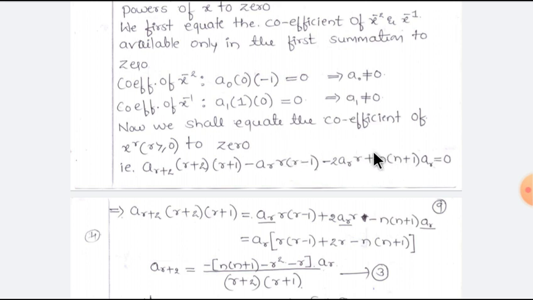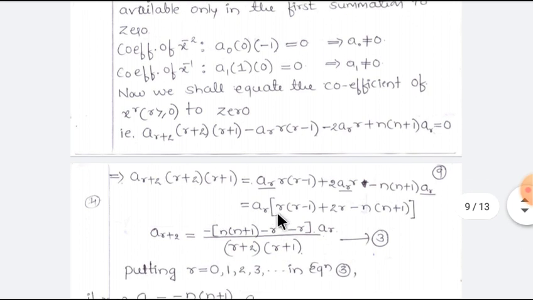Take these three values to move towards the RHS side. We get minus becomes plus ar into r into r minus 1, plus minus becomes plus 2ar into r, plus becomes minus n into n plus 1 into ar. So ar is common among the three, take it out. The remaining term is r into r minus 1 plus 2r minus n into n plus 1.